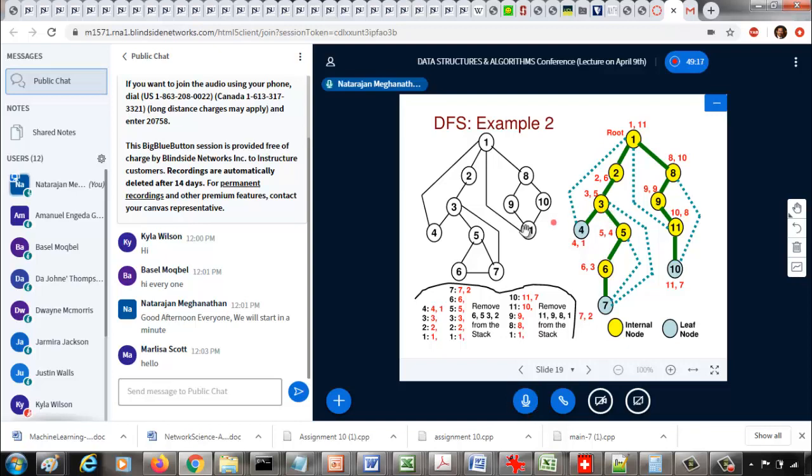So from 3 we try to go to any unvisited neighbor. So we have 5 and 7 that are yet to be visited. So we pick 5. So we push vertex 5 to the stack. So vertex 5 is the fifth vertex to be pushed to the stack. So far we pushed 4 vertices, so continue the push order numbers.